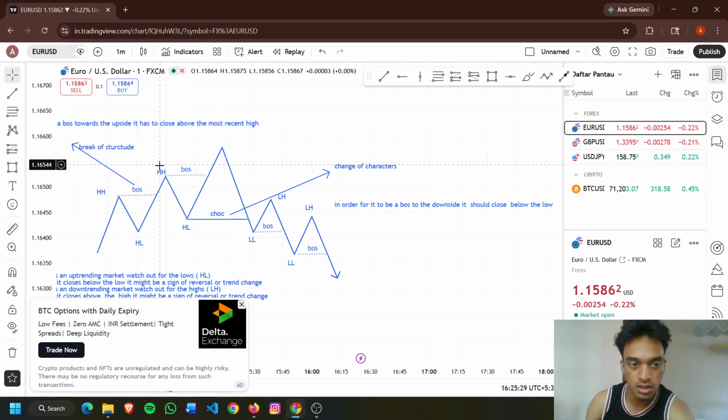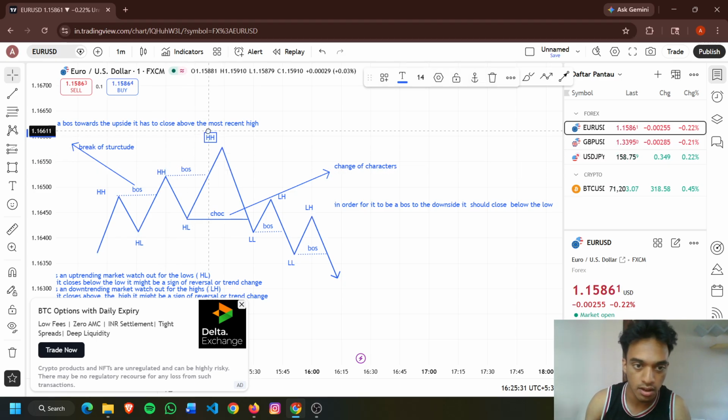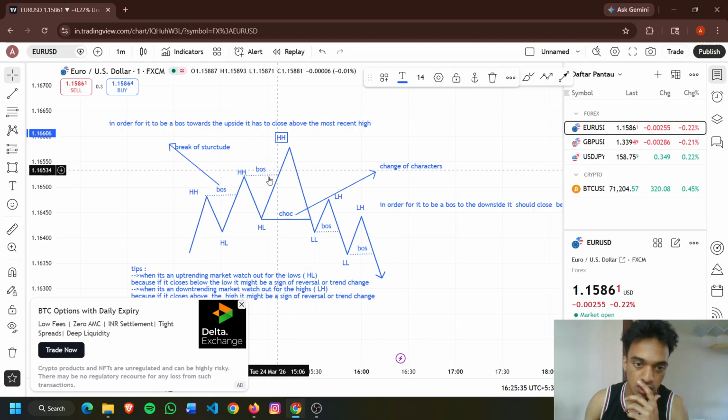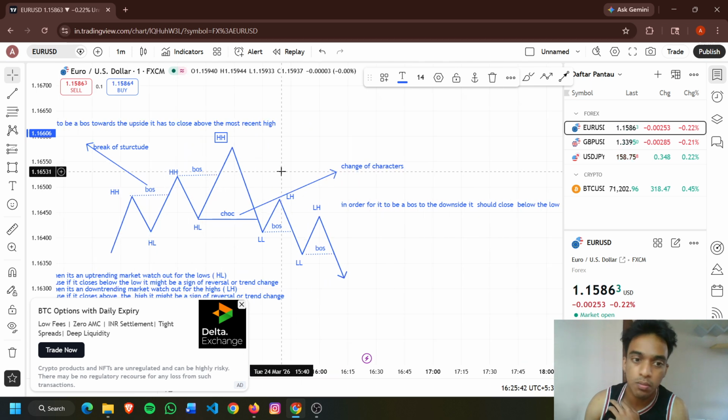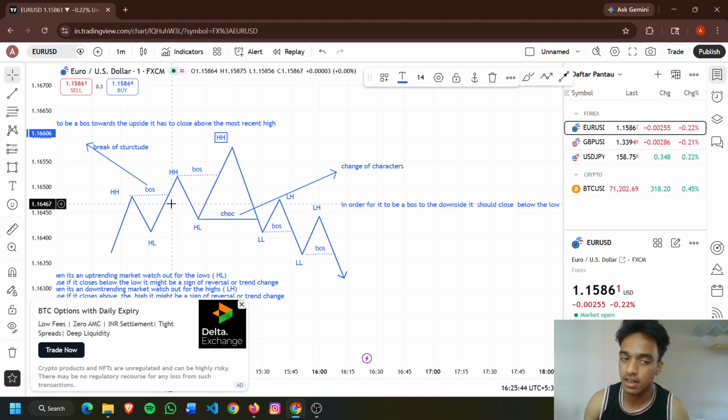So this one is the new high, the higher high. This is the second break of structure, and the down move is called a retracement or pullback. People usually call it a retracement or pullback, so don't get confused when others say pullback and retracement.